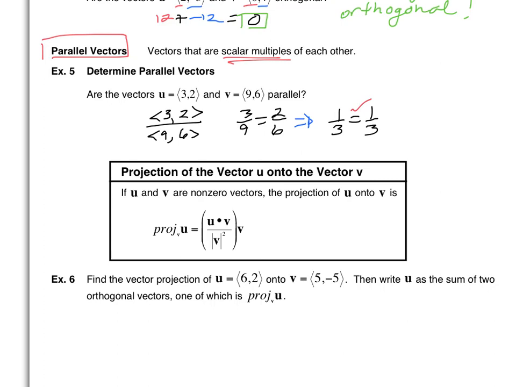So their scalar can be viewed as either 1/3 or 3, because it depends on which one you put on top of the other one. If I am going from this vector to this vector, it's a scalar multiple of 3. But if I'm going from this vector to this one, it's a scalar multiple of 1/3, because I'd really be dividing by 3. But the answer that they're looking for is yes. The vectors are parallel.